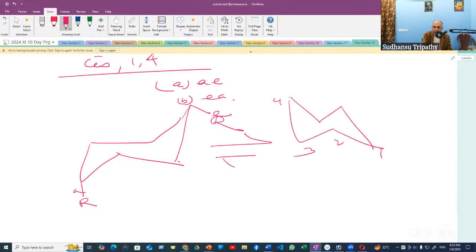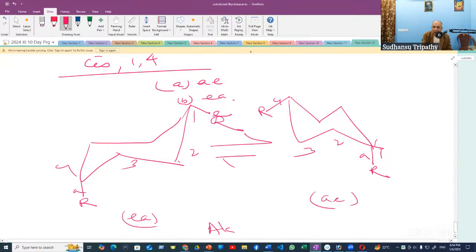This one which was equatorial will now occupy axial, and this fourth position which was axial will be equatorial. Supposing in the sequence 1, 2, 3, 4, we call it EA. This will be AE, also meso.